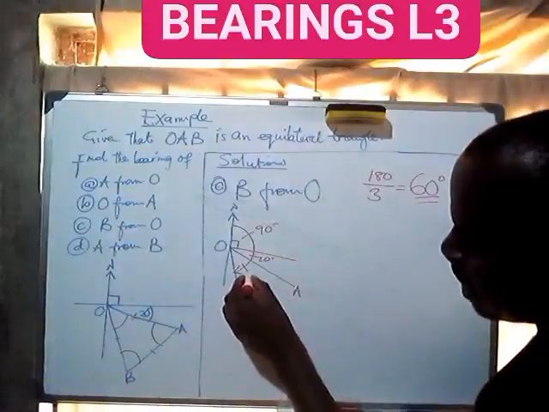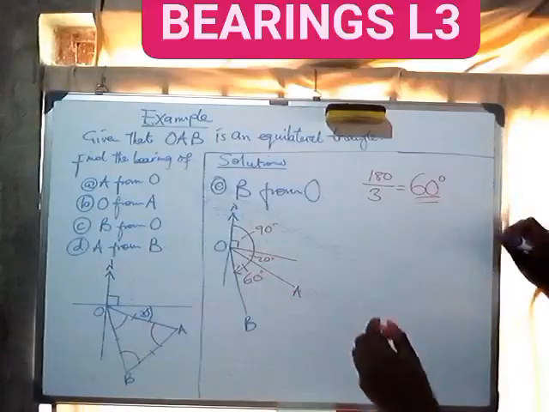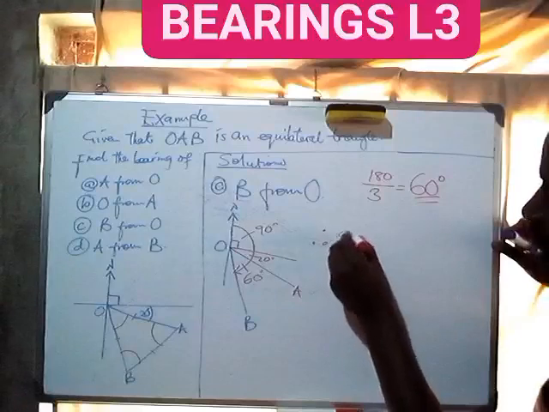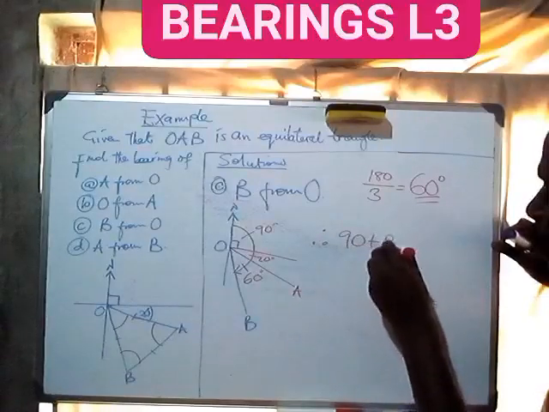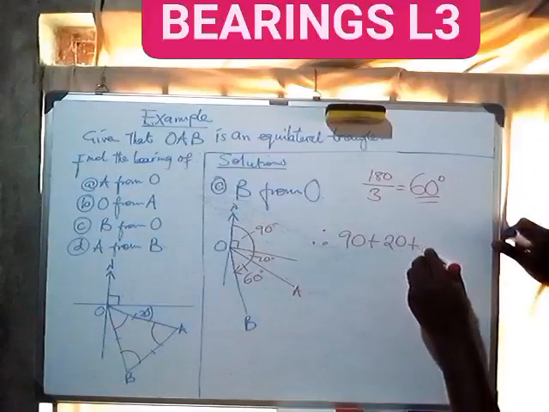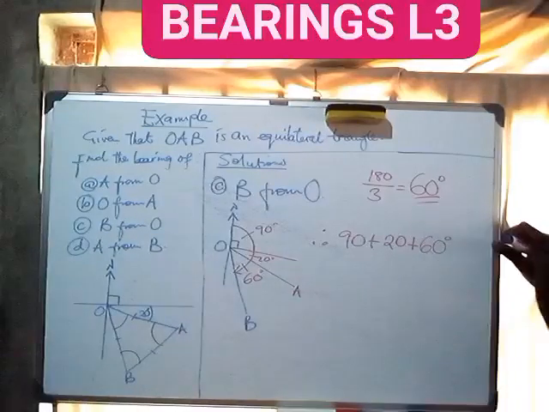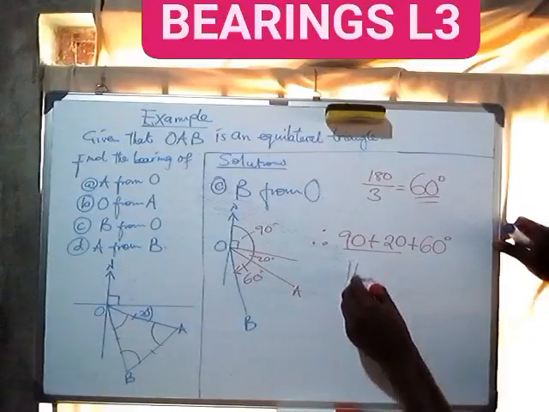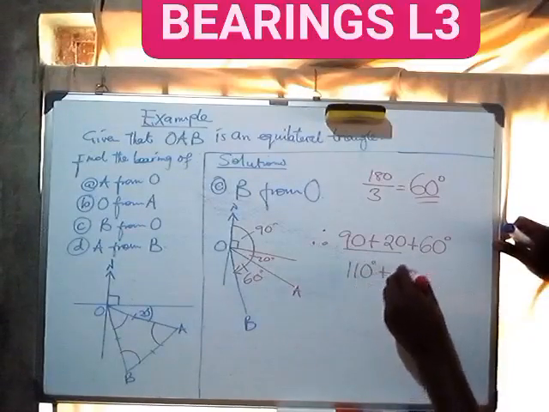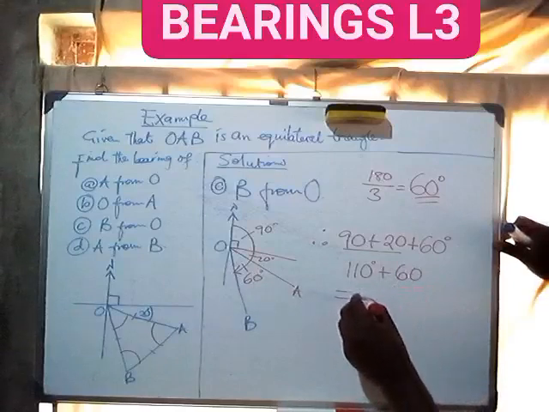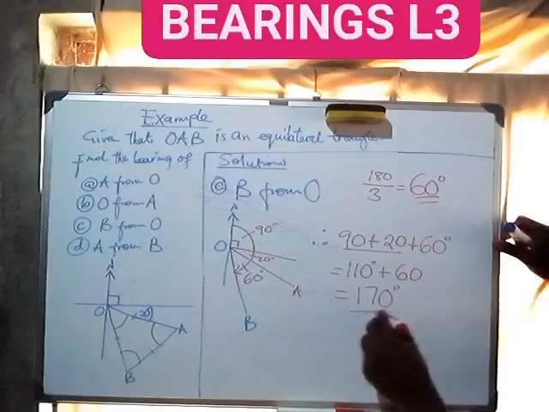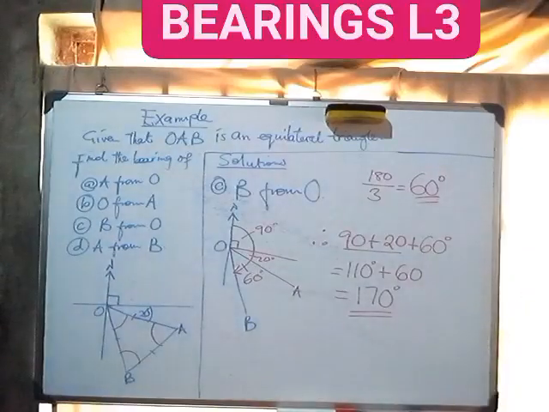So this angle here is 60 degrees. Therefore, the answer will be 90 plus 20 plus 60. Because 90 plus 20 we already got as 110, it will be 110 plus 60, and our final answer will be 170 degrees.